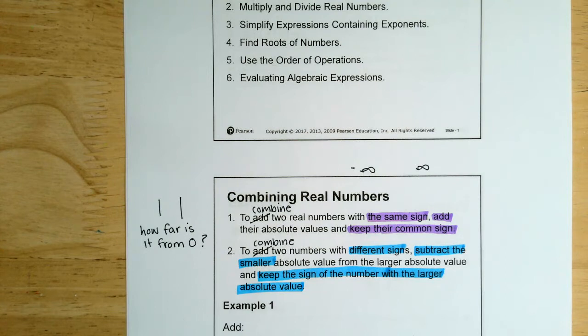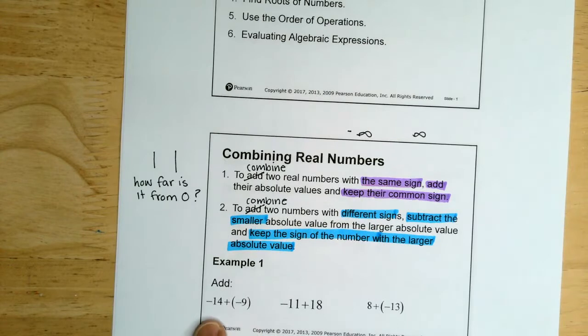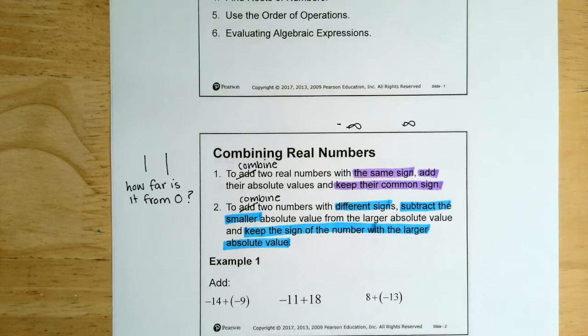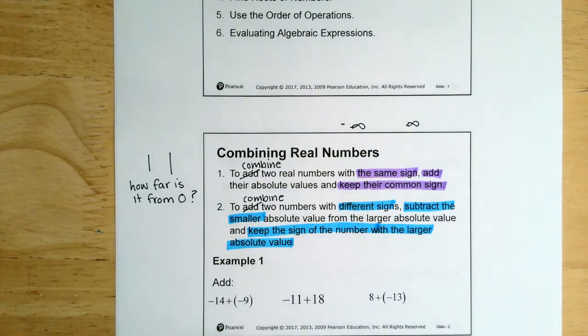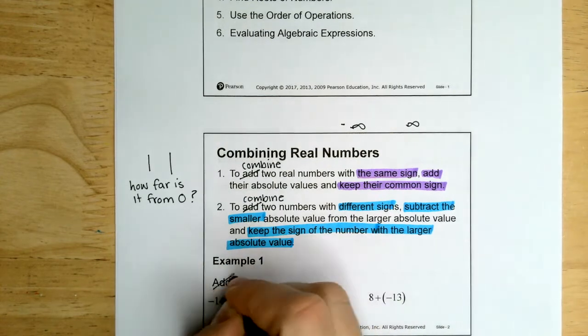So do you understand the rules why -14 plus -9 equals -23, right? Can you go into a situation, analyze it, decide what rule to use, and then apply that rule, right? So these are just rules for combining real numbers rather than the addition and subtraction that's more common to us. So again, instead of add, we'll say combine.